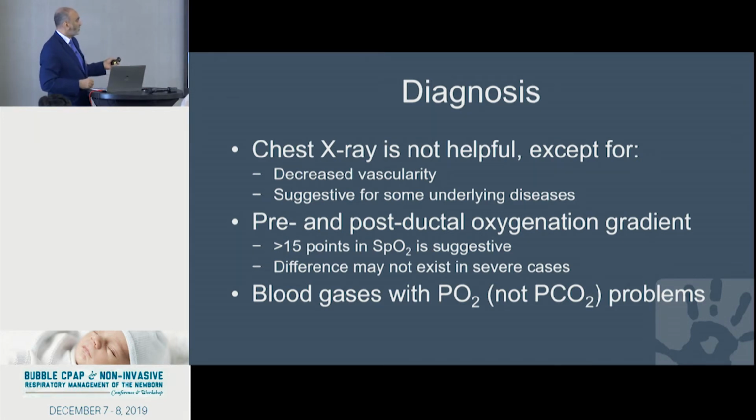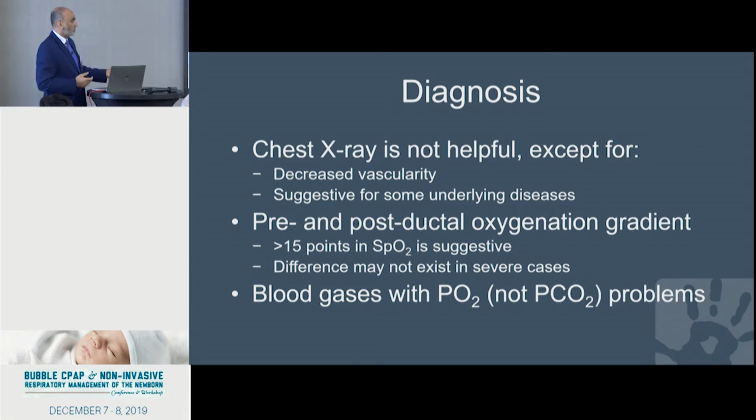And usually the pre is higher than the post by 15 points. However, if you see the opposite, then that is transposition. One of the bedside diagnoses, if you see the pre-ductal significantly less than the post-ductal, more than likely until proven otherwise, you should worry about transposition of great vessels.